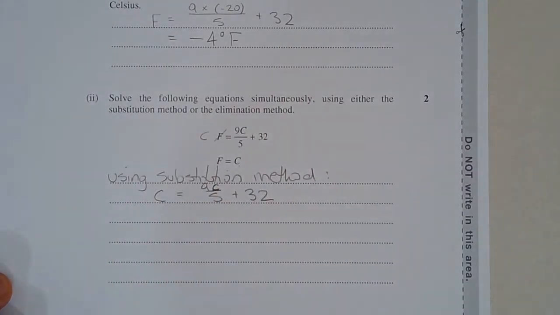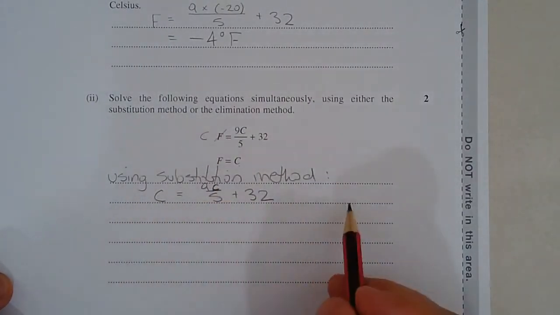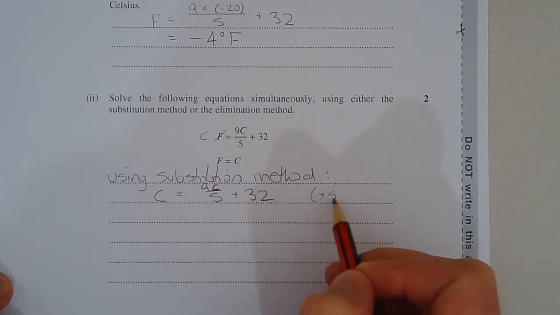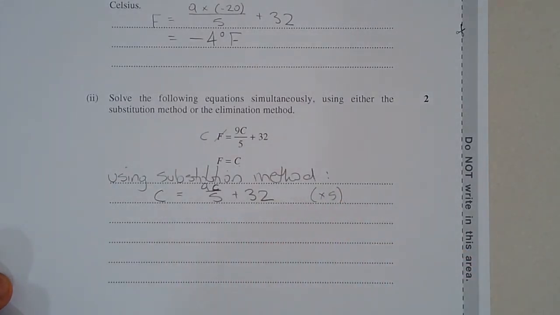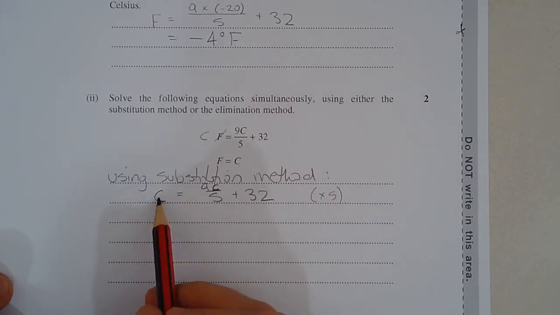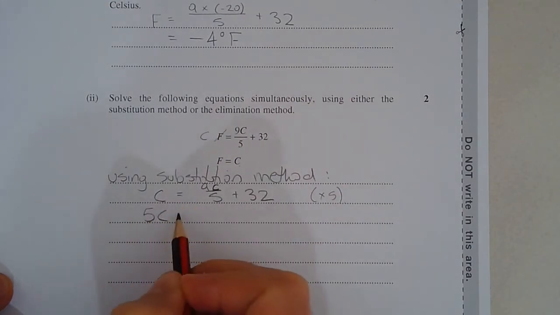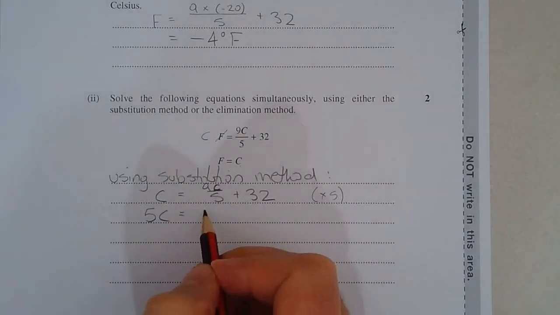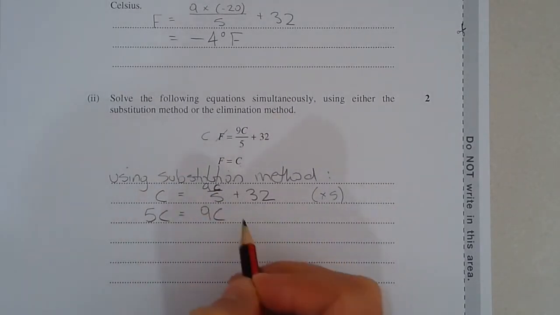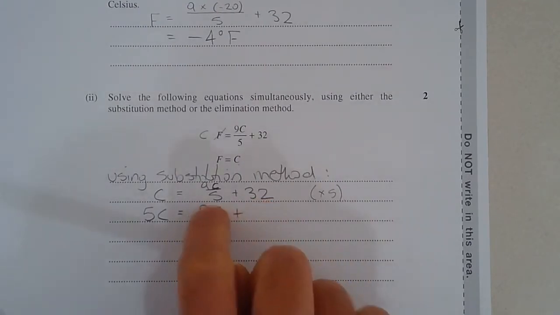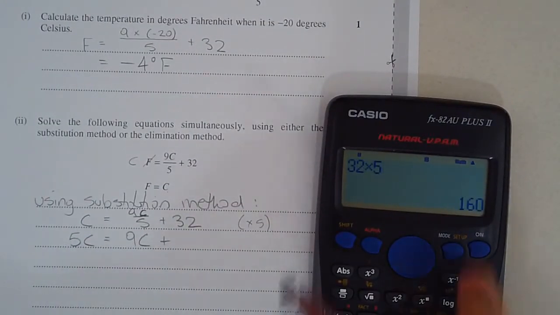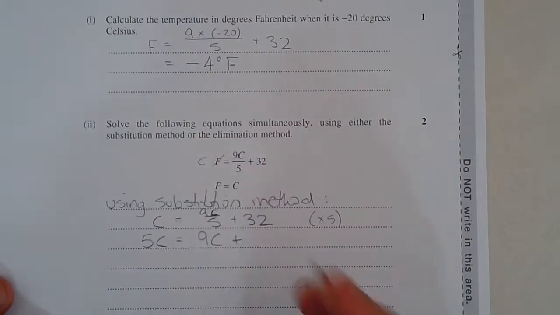So I guess the first thing to do is maybe multiply everything by 5, and that eliminates the fraction. So why don't we do that first? 5 times C is 5C. 9C over 5 multiplied by 5 is just 9C. And 32 multiplied by 5 is 160.